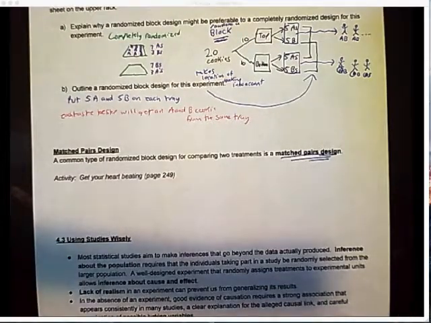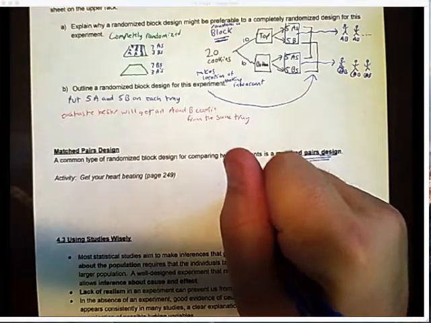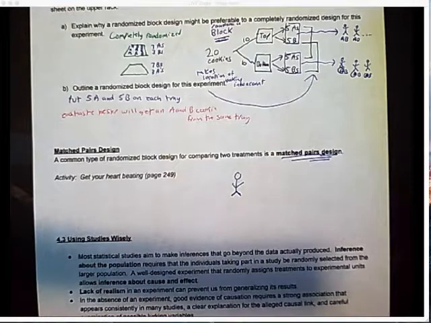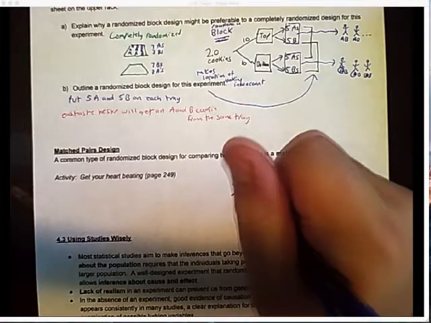But a common type of randomized block design for comparing two treatments is called a matched pairs design. Basically, a matched pairs design can be one of several things. Say you have one person. A person can act as their own control.